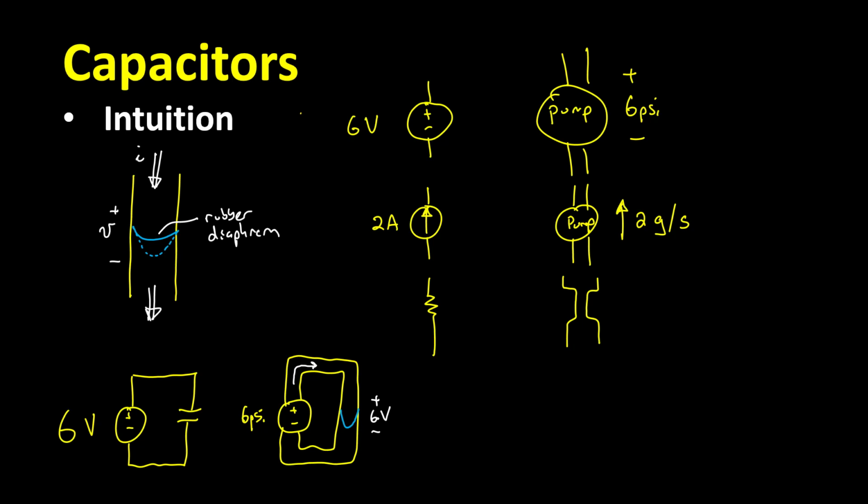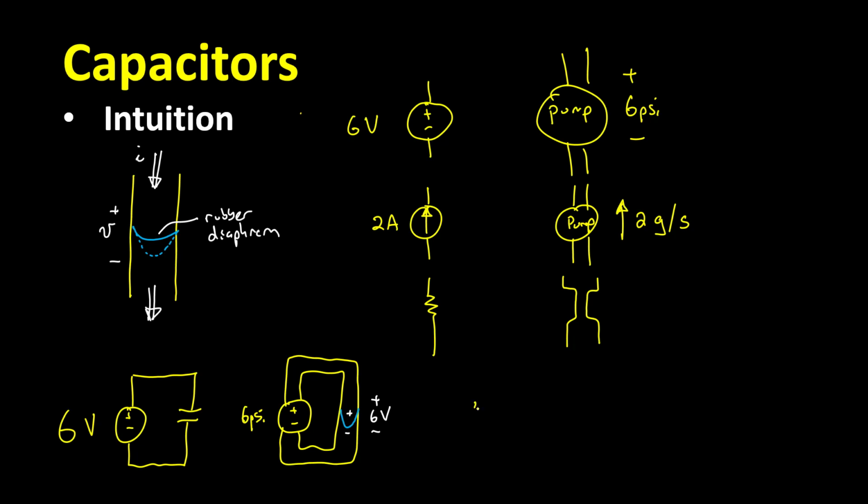And at that point, no more current would flow, because this is pushing this direction with 6 psi, this is pushing in this direction with 6 psi, and so you get 0 net current flow, and instead you just have a capacitor that has a certain amount of charge built up here, negative charge built down here, and no more current is flowing.